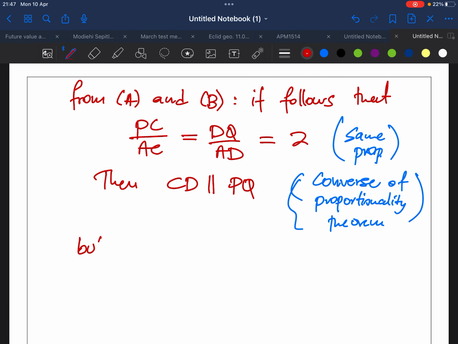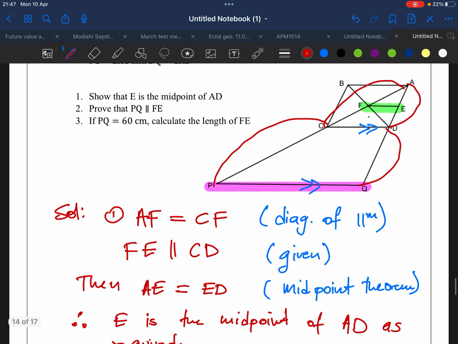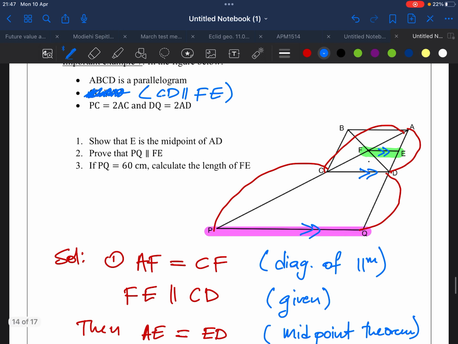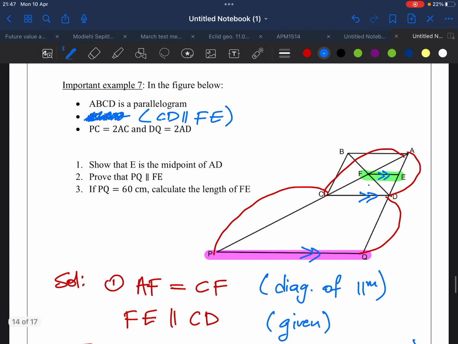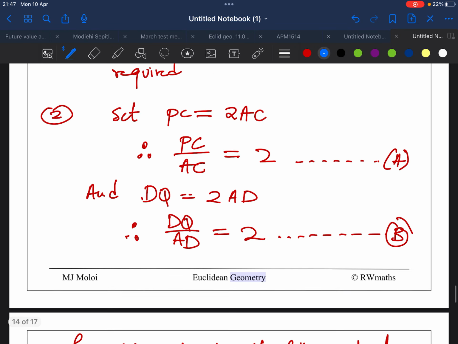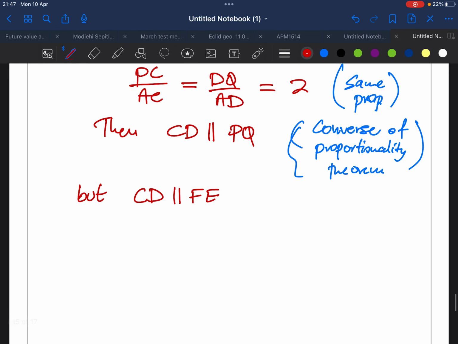But now we see that CD is parallel to FE. That one we know. It is known that CD is parallel to FE. So now if CD is parallel to FE, this means that PQ is parallel to FE.